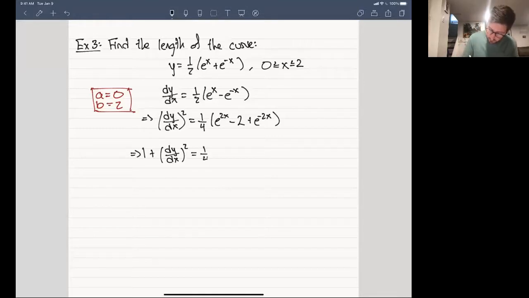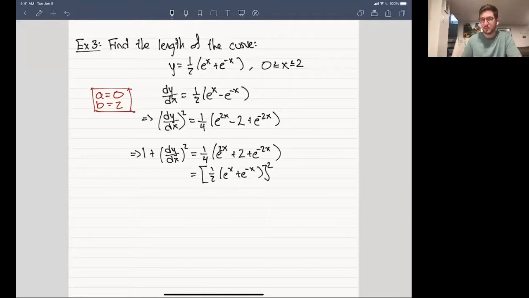So I get 1/4 (e to the 2x plus 2, that's the minus 2 plus 4, plus e to the minus 2x), which, again, perfect square. So this gives me actually (1/2 (e to the x plus e to the minus x)) squared.